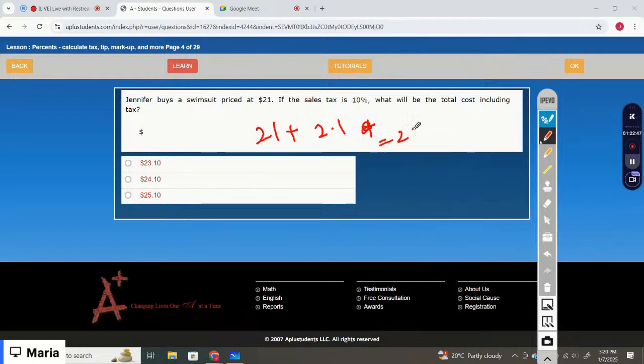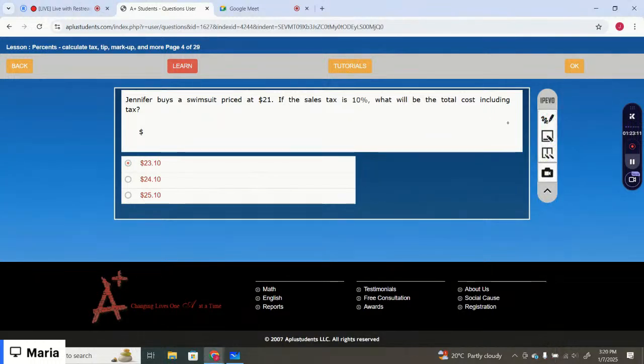So the total is 23.1. Option number 1 is the correct option.